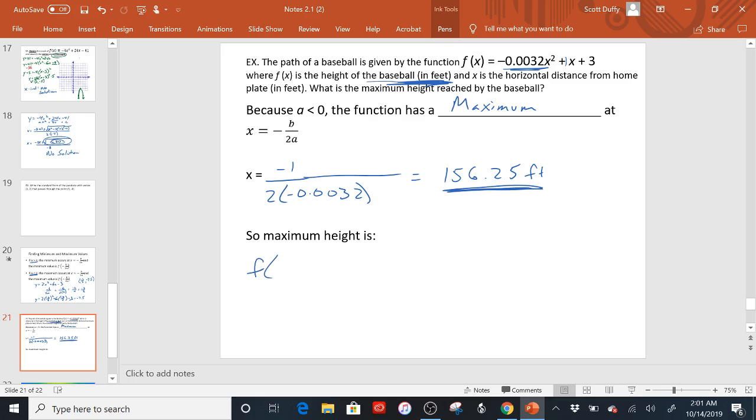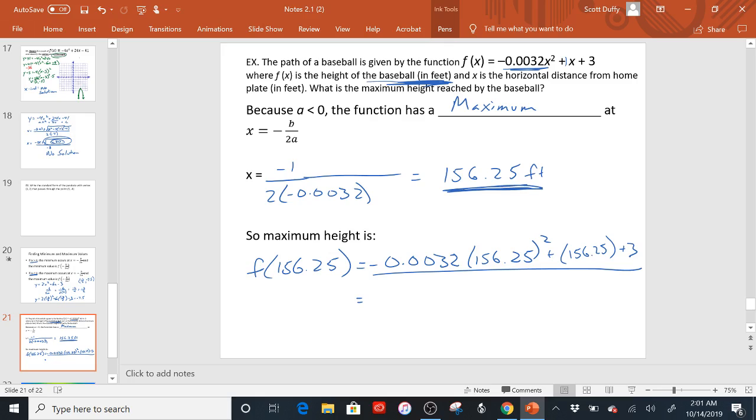So we're going to do f of 156.25, since that is the x value of a vertex, basically our maximum, plug that into our function, and that will help us find the y value.